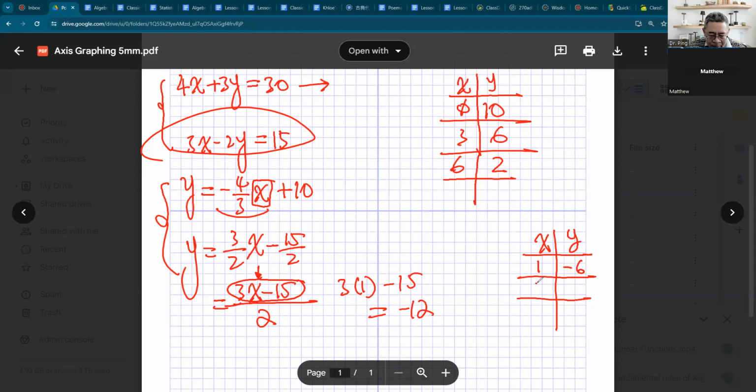And I put 3 here, so 3 times 3 is 9, 9 minus 15 is negative 6, divided by 2 is negative 3. Then I pick 5. 3 times 5 is 15, 15 minus 15 is 0, so we got 0. Good?